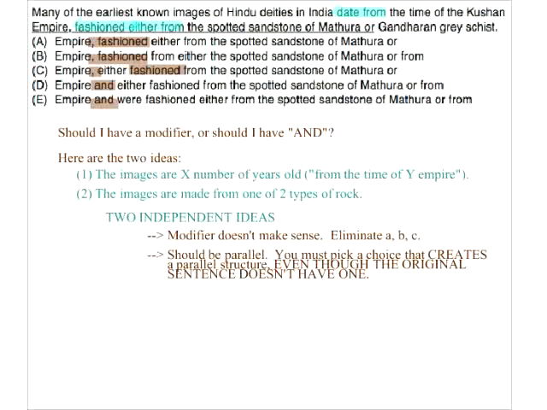So the meaning is, let me tell you two totally separate things about these images. Number one, they are this old. Number two, they are made of this stuff. This is number one and number two that have nothing to do with each other. So even though the original does not have a parallel structure, you have to make one.